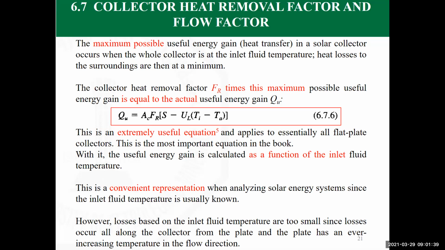It can be determined using the equation we used earlier, m dot Cp delta T, T outlet minus T inlet. But knowing the useful energy would be the base to do that, and this is done by this equation.